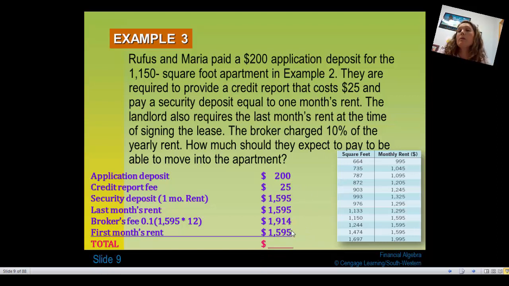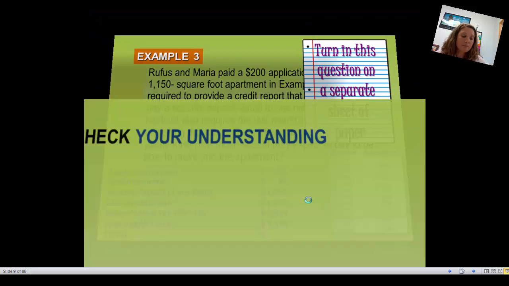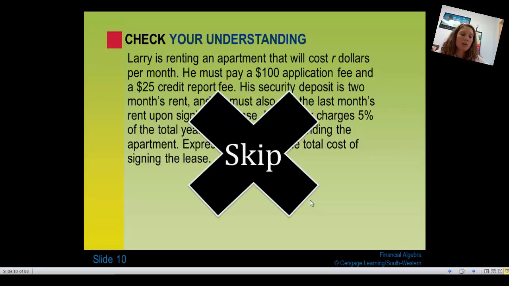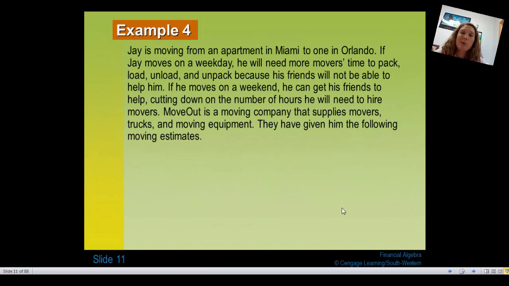So total means you're going to add. So go ahead and finish these questions as well as doing them on a separate sheet of paper. Check your understanding. We're going to go ahead and skip this question, so write skip in your notes, please.